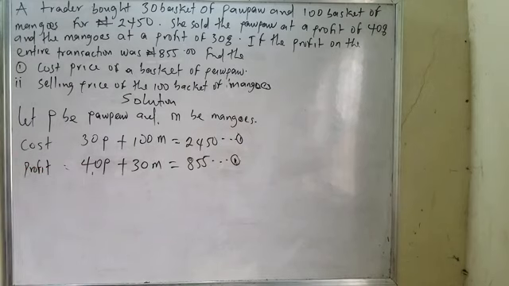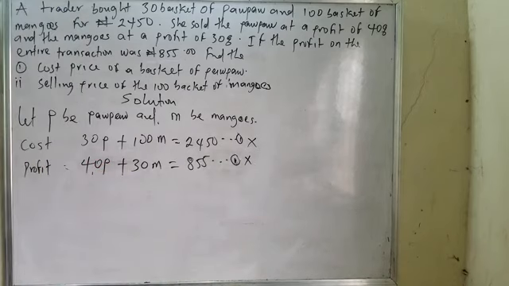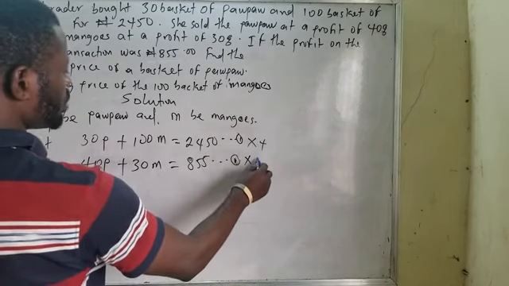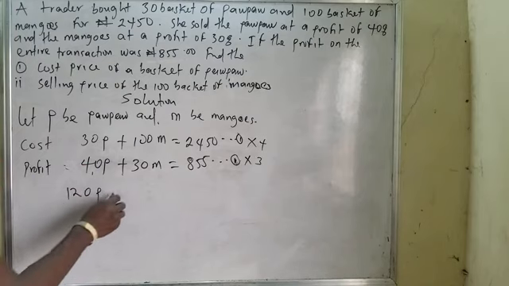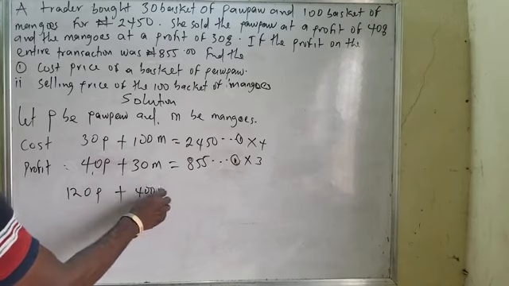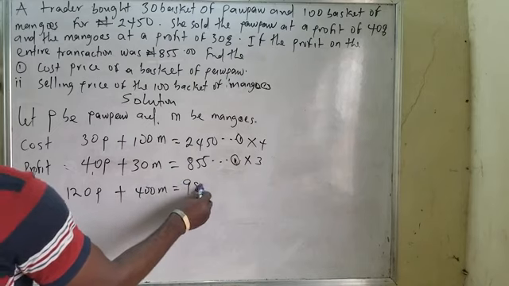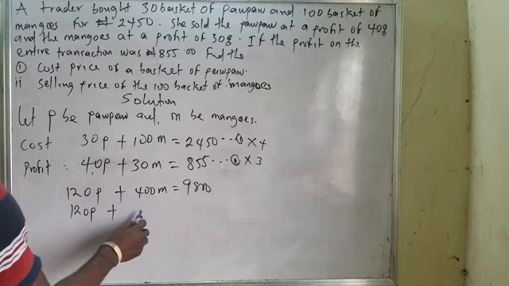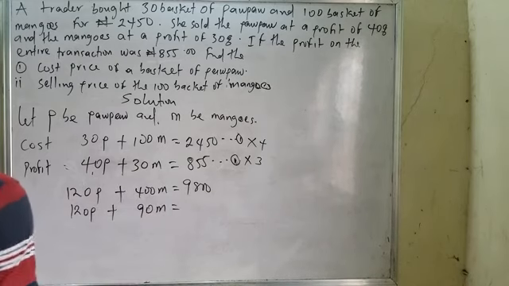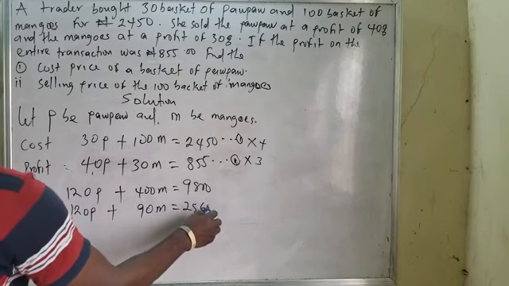Now, by so doing this, I've solved the question. What I just need to do is multiply to eliminate, which is simultaneous equation. I can decide to multiply equation 1 by 4, equation 2 by 3, for us to remove this one. I'll be having 120 pawpaw plus 400 mango equals to 4 times this, that will be 9,800. Also 120 pawpaw plus 90 mango equals to 2,565.